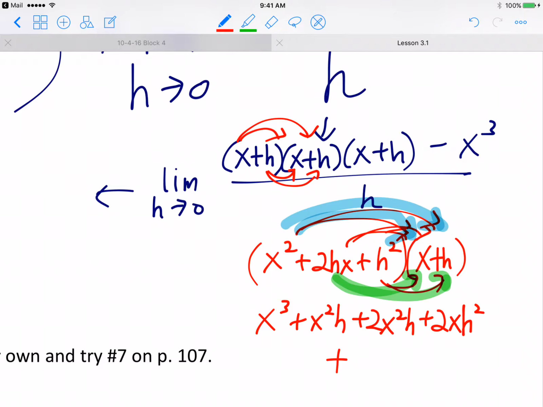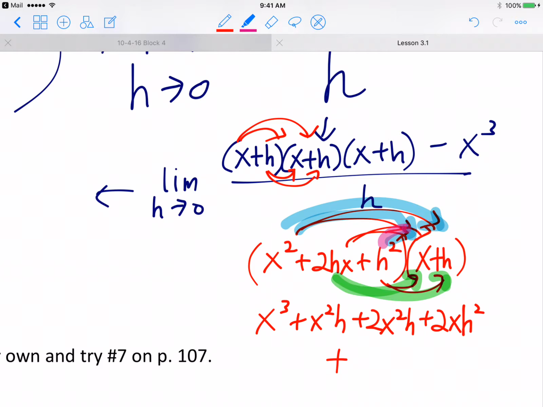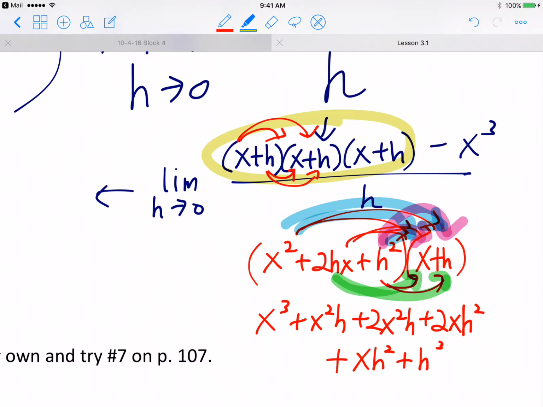plus then you have h squared times x followed by h squared multiplied by h. So that gives me xh squared plus h to the third power. So what I did is I'm just trying to simplify this portion of my difference quotient formula.